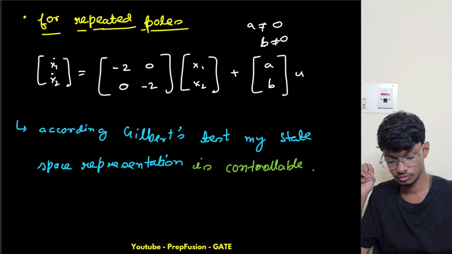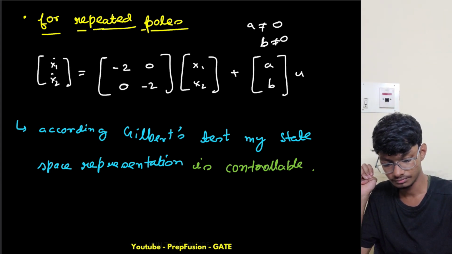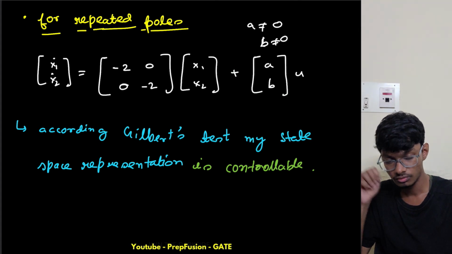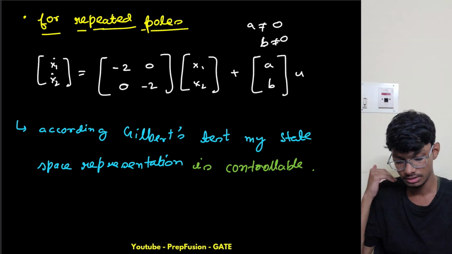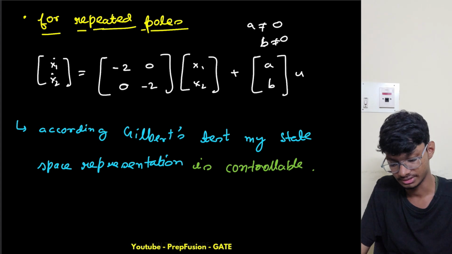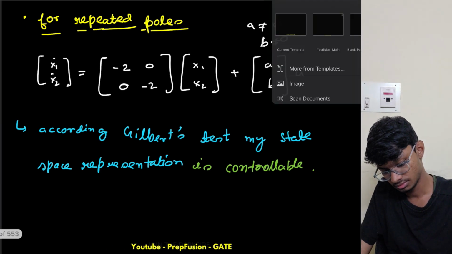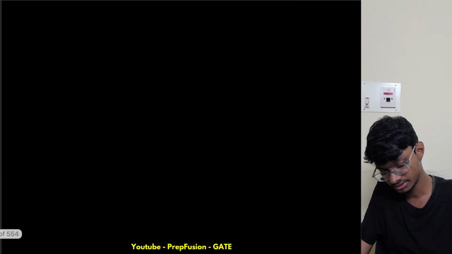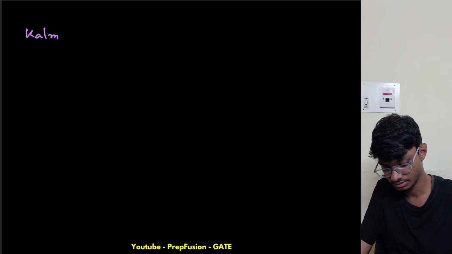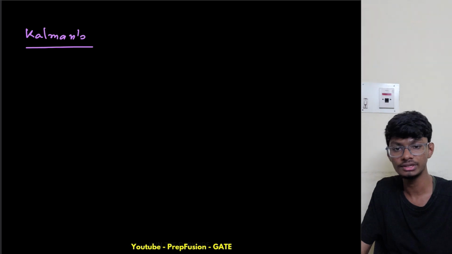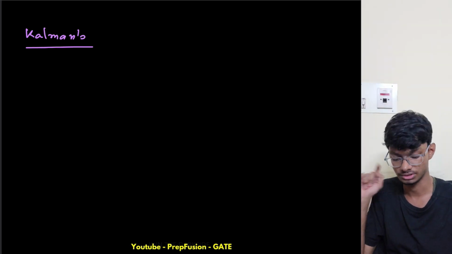Now let's do it for Kalman's test. What does Kalman's test say here? It always gives the correct answer. Just because of calculation we may ignore it sometimes and use different methods like Gilbert's test.